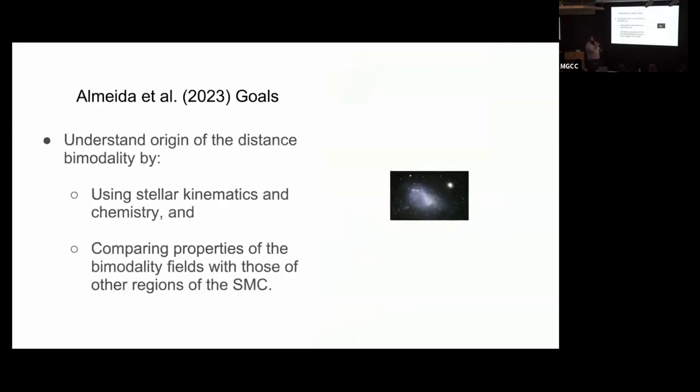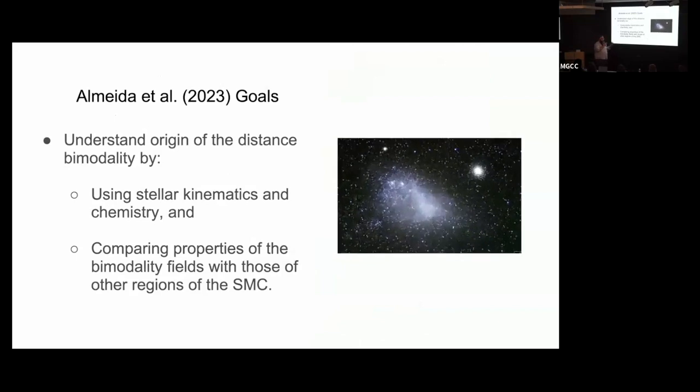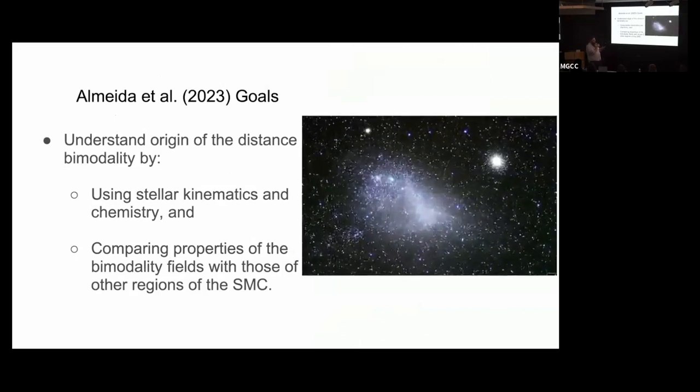Okay, the goal for understanding the origin of this distance bimodality is using a joint space of stellar kinematics and chemistry, and we will compare the properties of the SMC across other regions within the SMC.